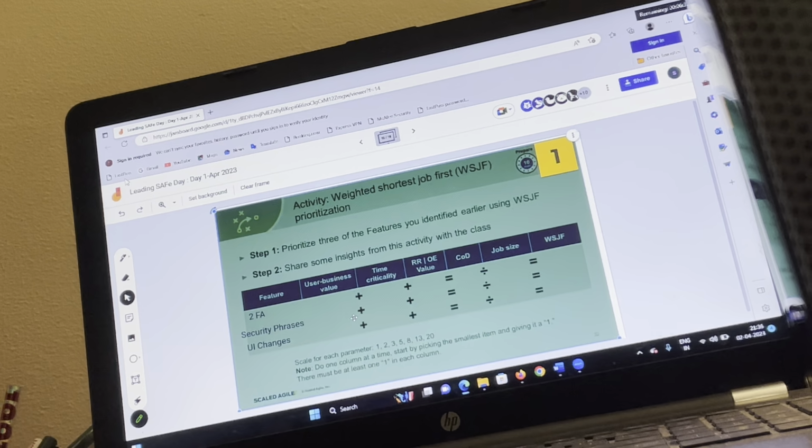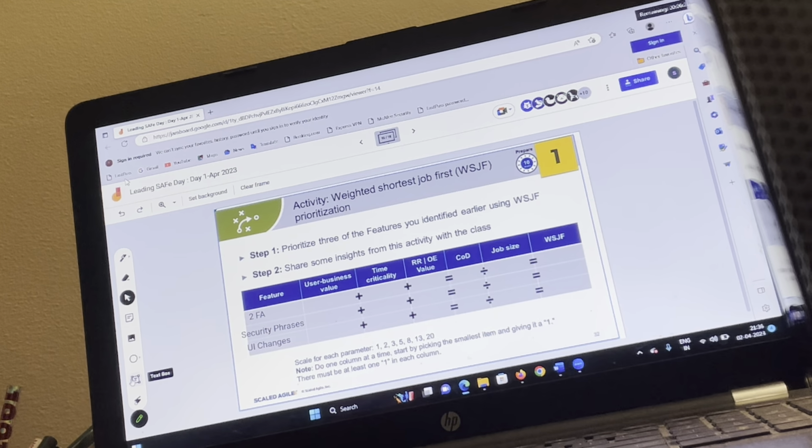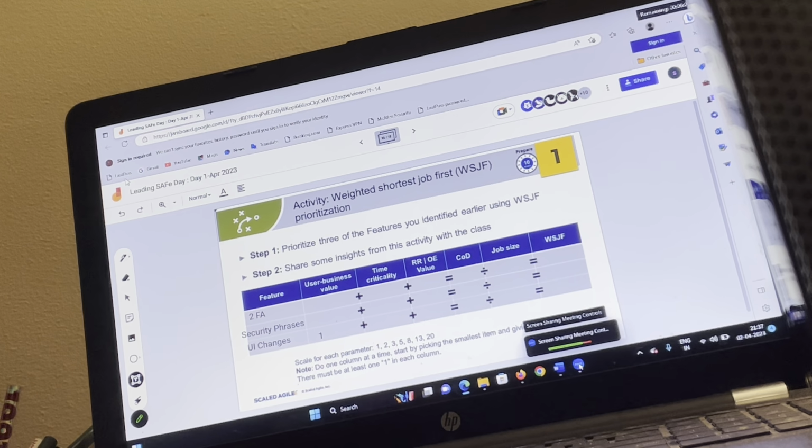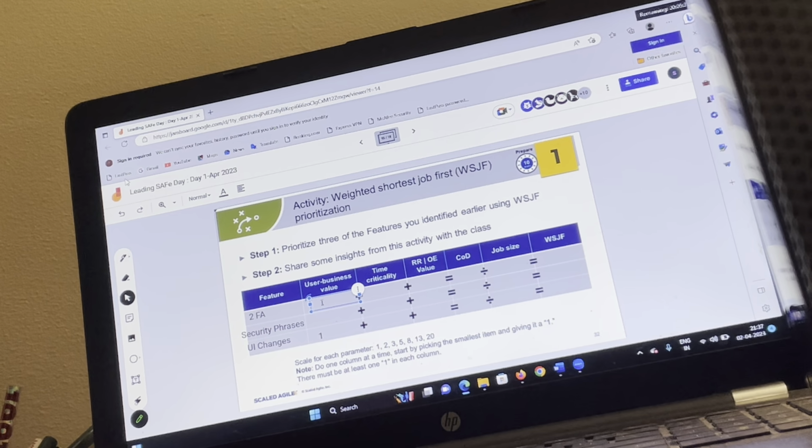Okay, we need to give first, one is mentioned as the least important. I think UI changes is least important, right? Yeah. Okay. So how many shall I give to 2FA and security phrases? 2FA would be maybe important, I give 5.